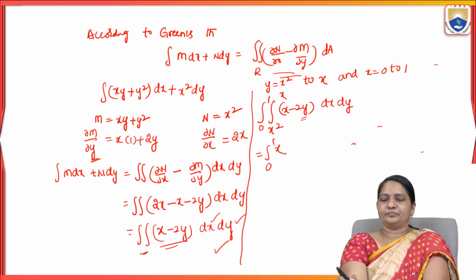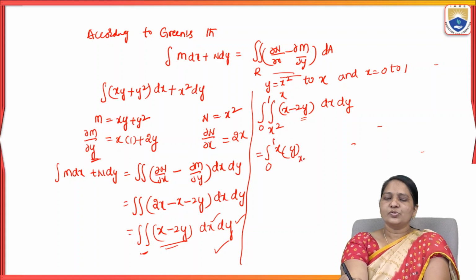So x into integral dy is y, since x is constant. Then x squared to x, minus 2 into integral y dy, which is y squared by 2. So the 2 will be cancelled. The limits are x squared to x into dx.